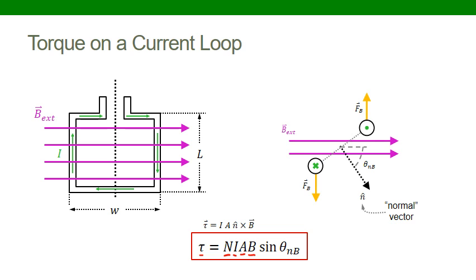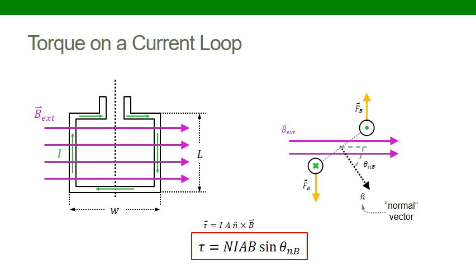And then we have to pay attention to orientation. And so we've defined this normal vector, and we look at the angle between the normal vector and my magnetic field direction. And the sine of that angle gives me this scaling factor so that we can calculate our torque.